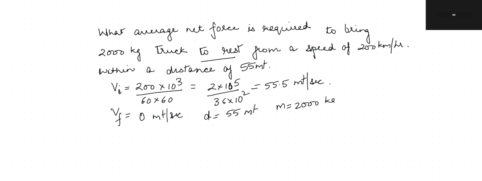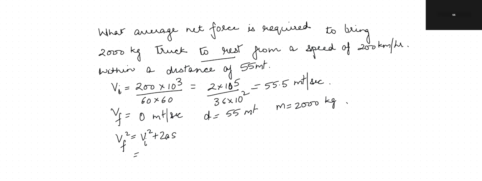Okay. So V final square is equal to V initial square plus 2AS. This is the equation from kinematics which we used, and it works on constant acceleration.